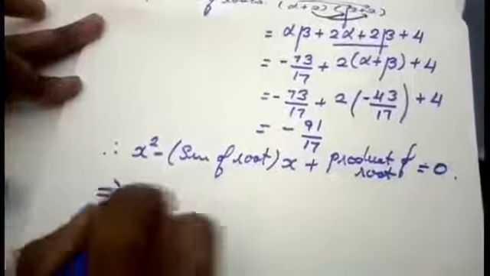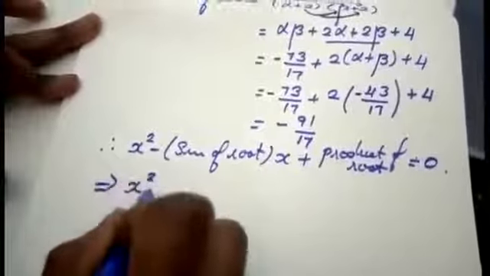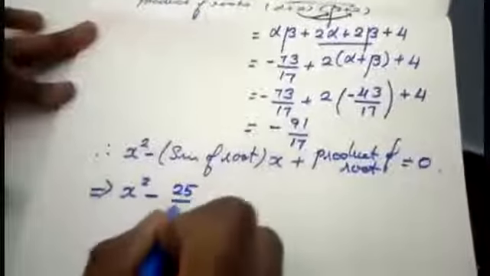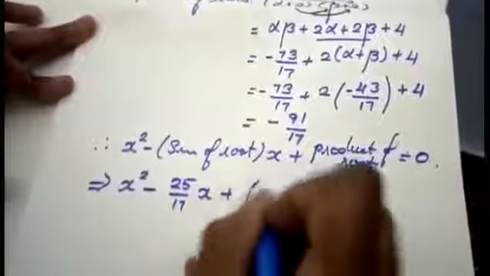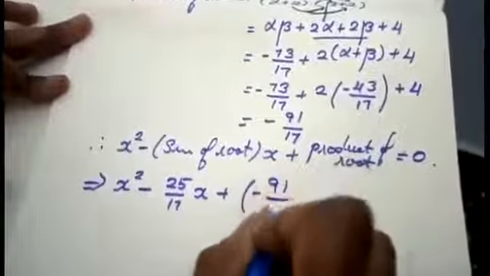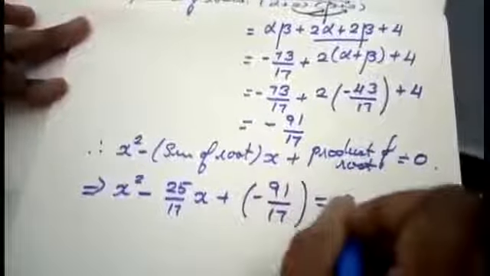That implies, what is the value for x square? I am going to write it as it is. Sum of roots, I am getting the value as 25 by 17. That is 25 by 17x plus minus 91 by 17 equal to 0.